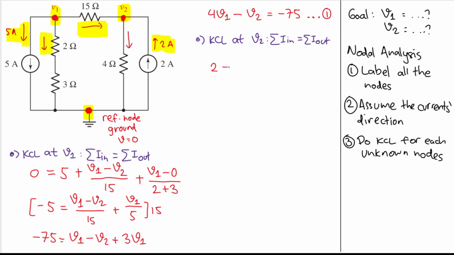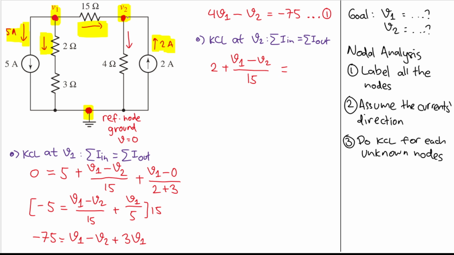And then plus another current that goes in, which is this one. The current comes from V1, so we will have V1. And then the current goes to V2, so I will have minus V2. And it is divided by the resistance between them, because voltage divided by resistance is current. Good. And then let's move on to the right hand side here.